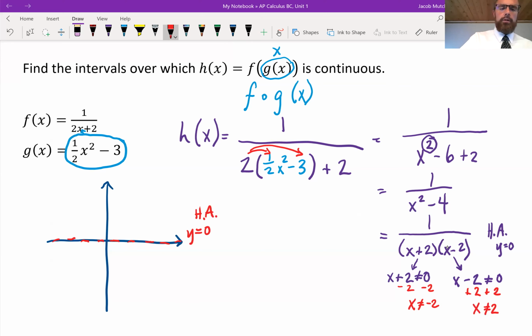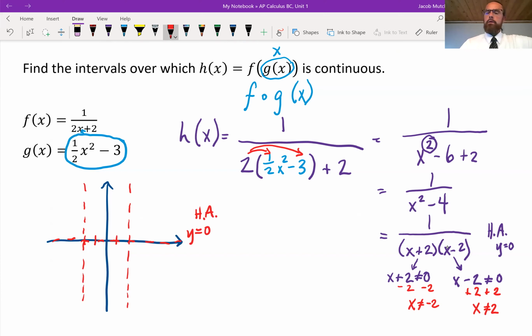There's this one at x equals -2. There's this one at x equals +2. And I believe my graph fits in those three intervals. So my feeling is if I'm writing where h of x is continuous, it's going to be based on those three intervals.